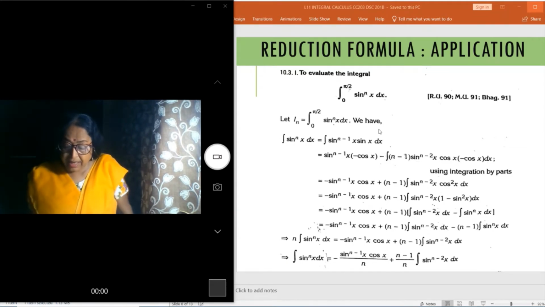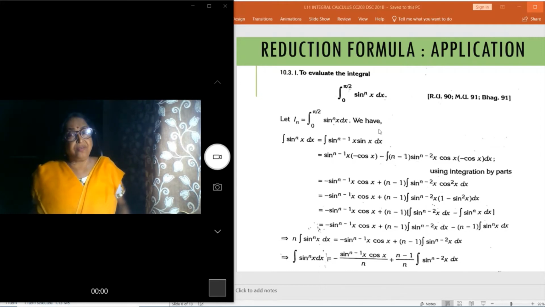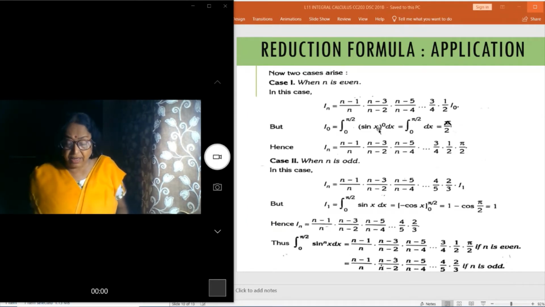So In can be written in this way: n up above, n minus 1, then n minus 2, n minus 3 above, n minus 4, n minus 5, and then n minus 6.